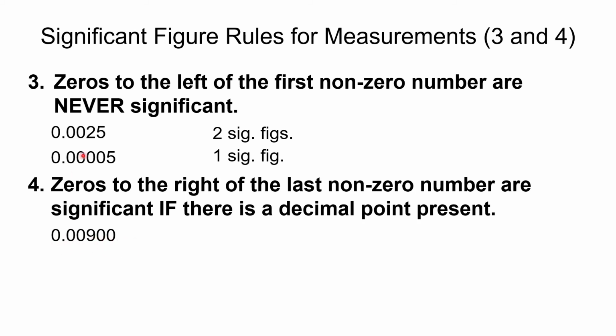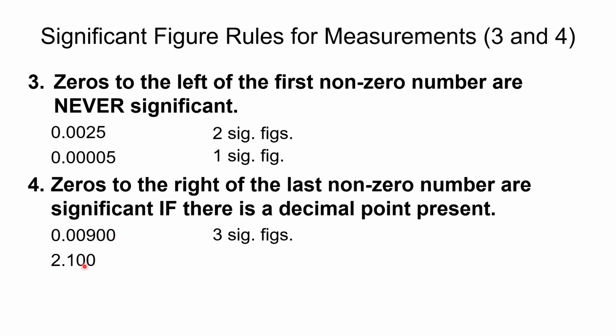Well, the zeros on the left from rule 3, we already know those zeros aren't significant, but these zeros are to the right of our last non-zero number, and there's a decimal point present, so therefore they are significant. Now, if I didn't have a decimal point, if I just had the number 900, then those would not be significant. There has to be a decimal point somewhere in the number for this rule to take effect. So 3 sig figs there, the 9 and then the 2 zeros to the right.